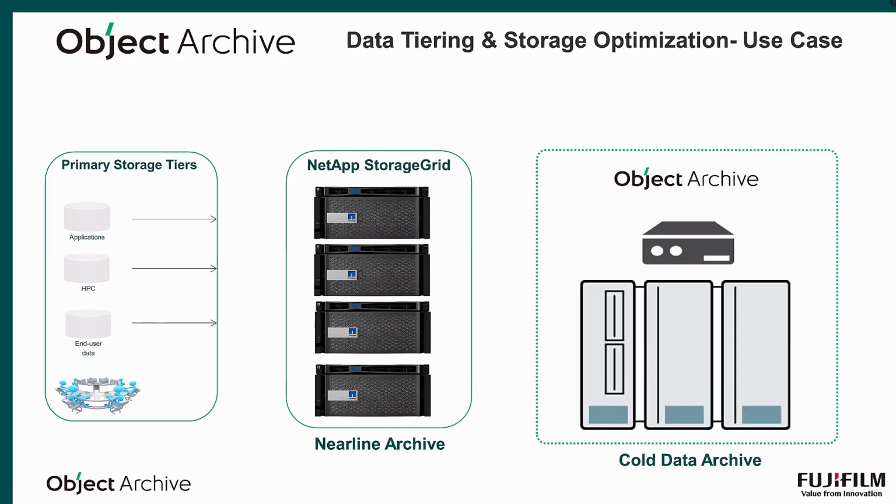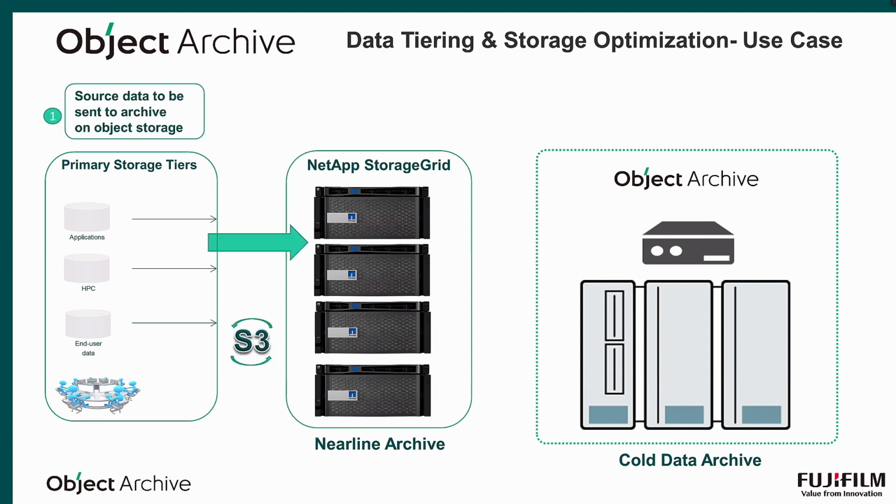So just to move forward with the use cases, probably the first use case we have seen and got engaged with right away, whether this is NetApp StorageGRID in the middle and the data coming in is research data or any kind of other data sets from an HPC or even just a university archive. This mid-tier could be any number of the object storage partners that we work with.